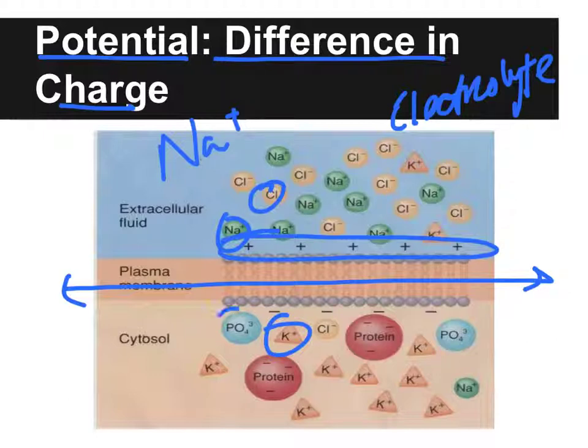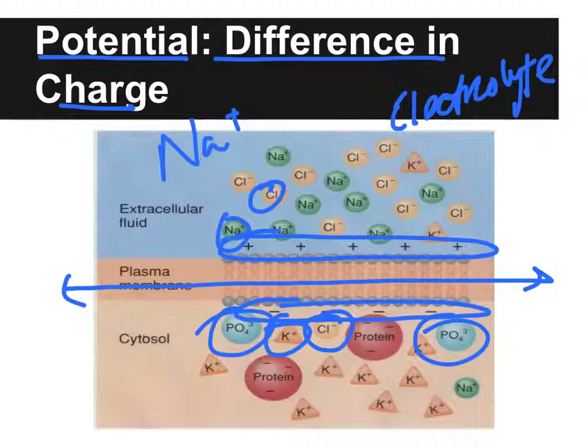It's got lots of very negative molecules like phosphates, other negative molecules like chloride ions. It's got some positives, but the positives are counterbalanced by all of these negative charges. So the inside of your cells is very negatively charged. So we have a very positively charged outside and a very negatively charged inside.